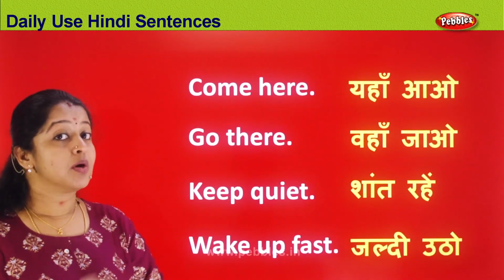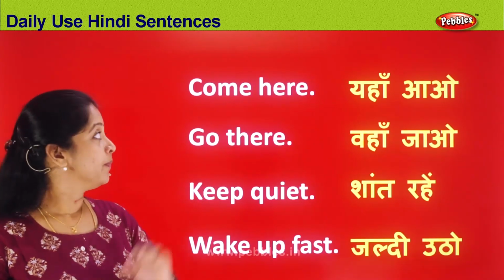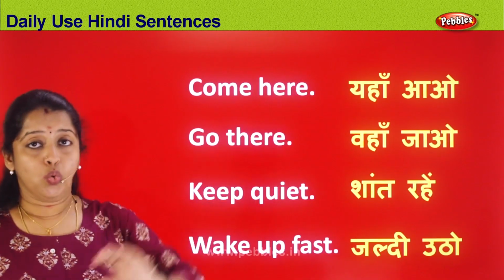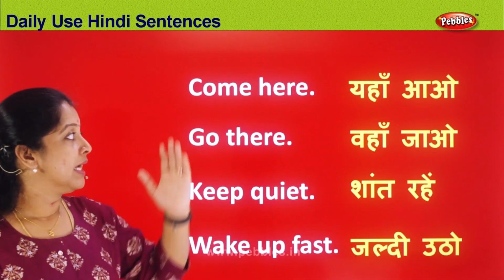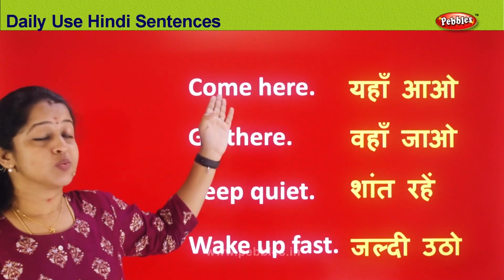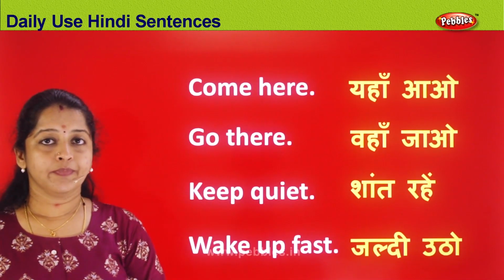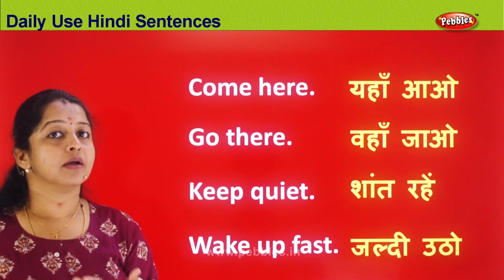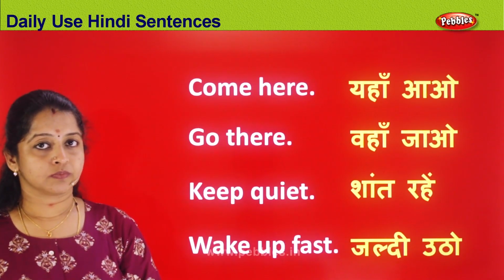Alright, so let's do a quick recap once again. Come here can be said as Yahan aao. As I said earlier, Yahan stands for here and aao stands for come. Okay, Mohan, Yahan aao. Radha, Yahan aao.